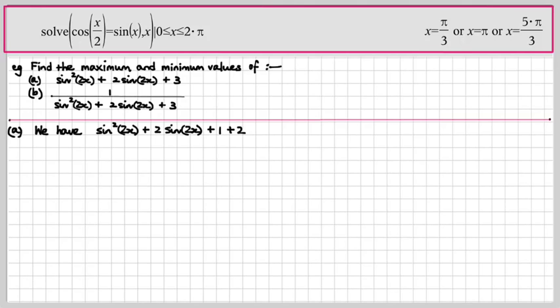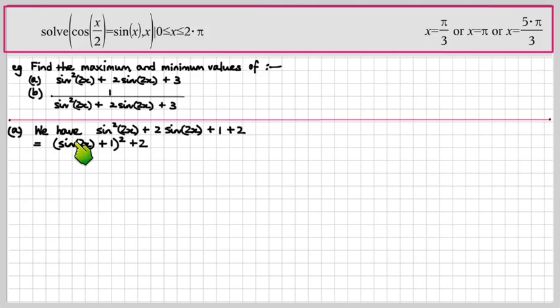Look, I've completed the square, as you're aware, and I've got that. Now, what am I supposed to do with that? Well, you know what I'm supposed to do with that. You now use the maximum and minimum values of sine of 2x and see what that does to this. The maximum value of sine x is 1, and that'll get you the maximum value of this squared term, won't it?